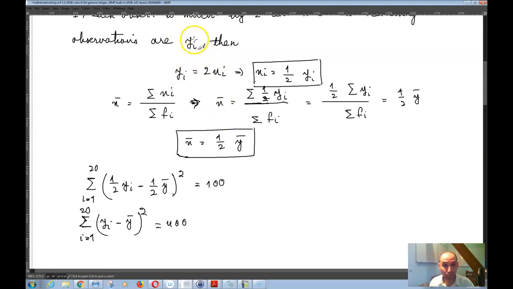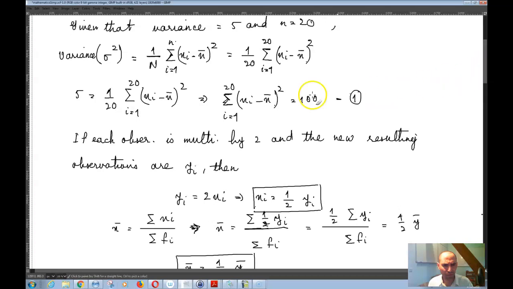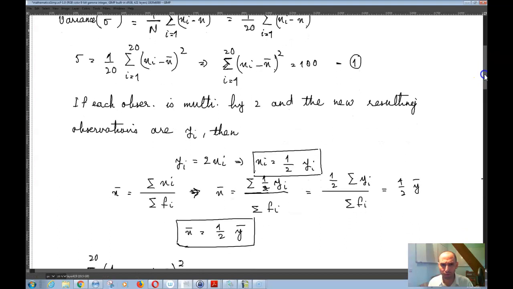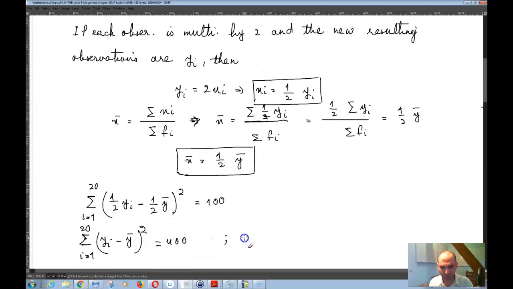So now we have sigma of y of i minus y bar whole squared is equal to 400. If I compare this to what we had here, we said that sigma of x of i minus x bar whole squared as i goes from 1 to 20 is equal to 100.